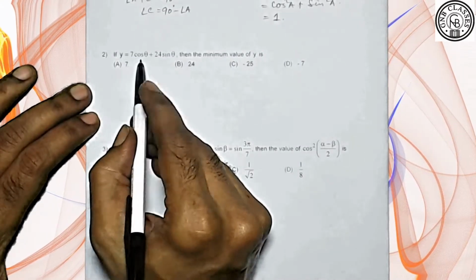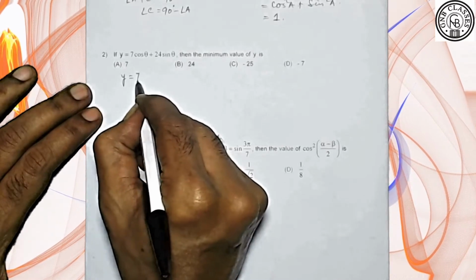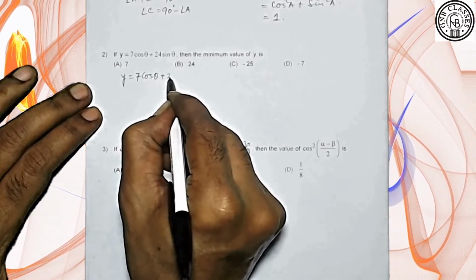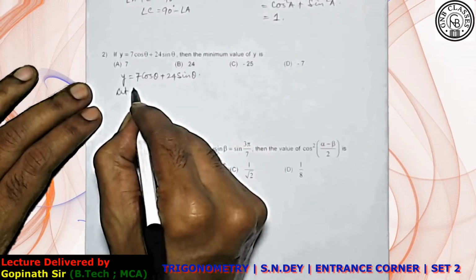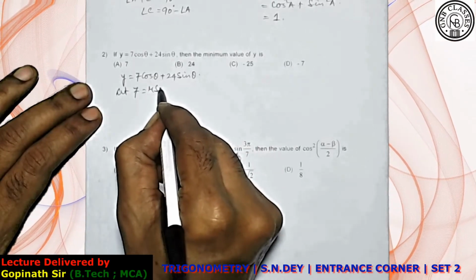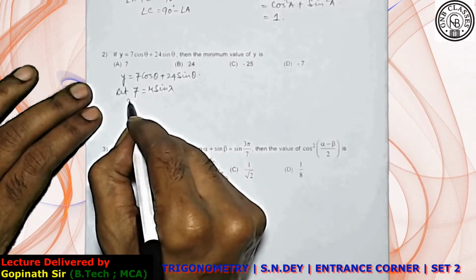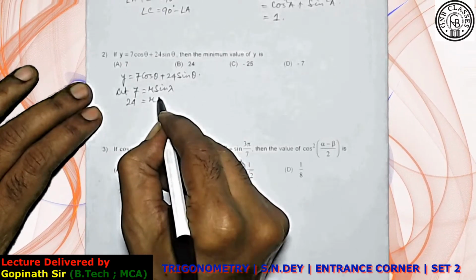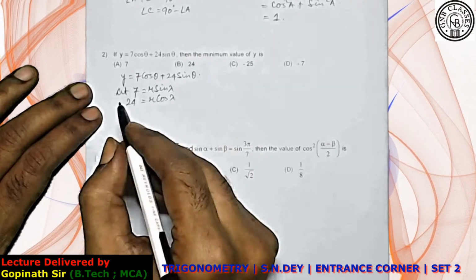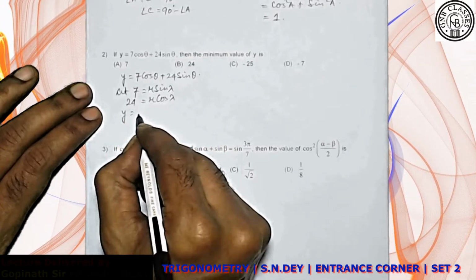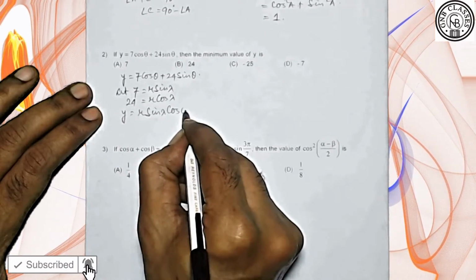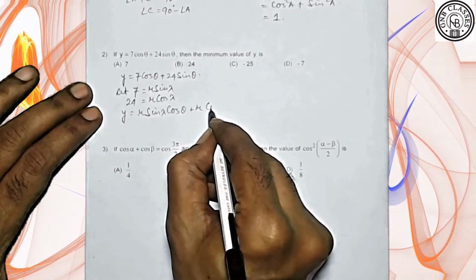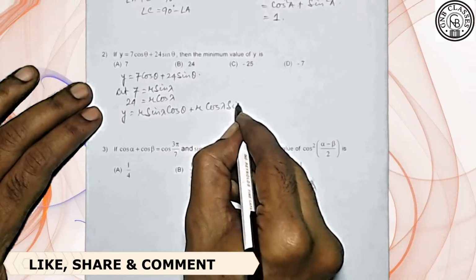We have been given y equals to 7 cos theta plus 24 sine theta. Let 7 equals to r sine lambda and 24 as r cos lambda. Therefore, the expression becomes r sine lambda cos theta plus r cos lambda sine theta.